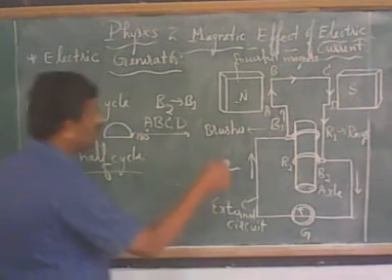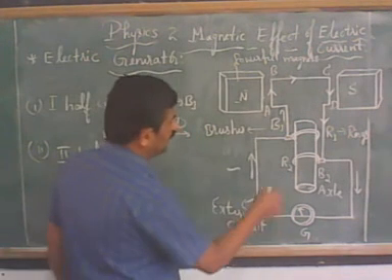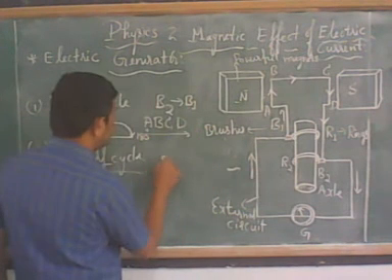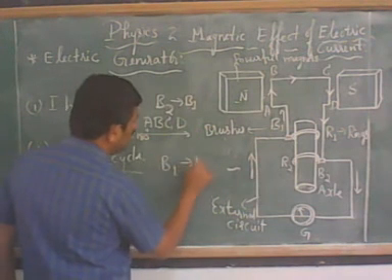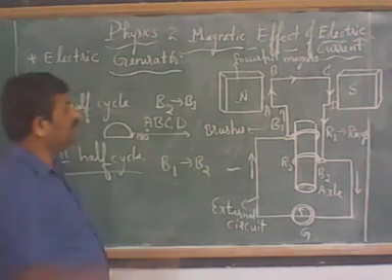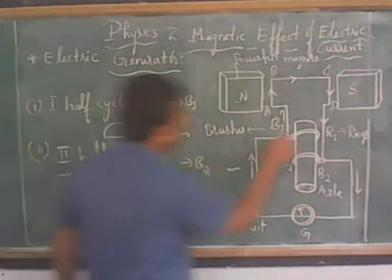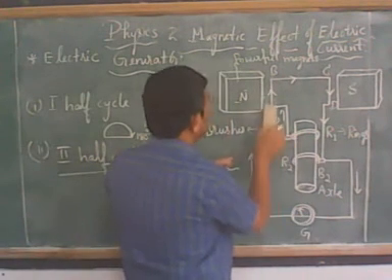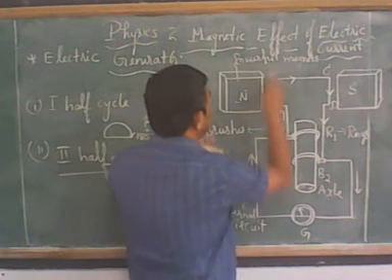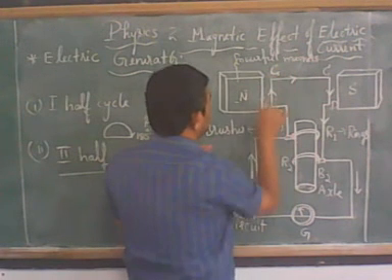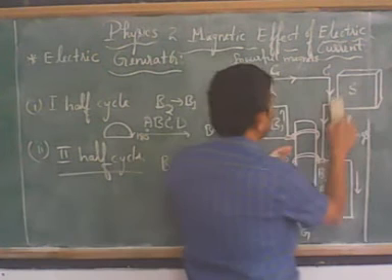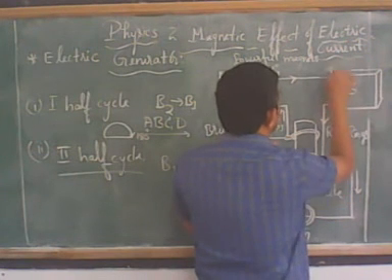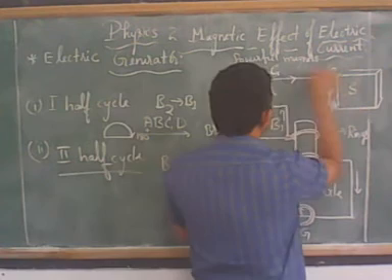Then the direction of flow of current, as you know already, is B1 to B2, in reverse of the earlier B2 to B1. Why? Instead of AB, we now get CD, and instead of CD, we get AB.